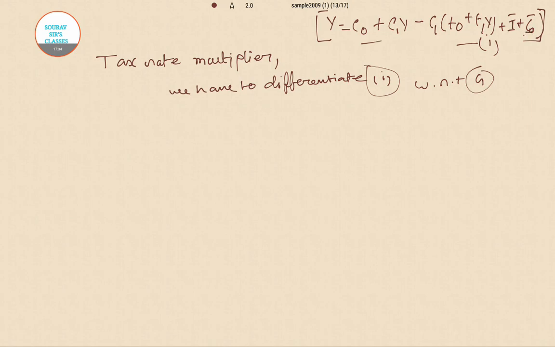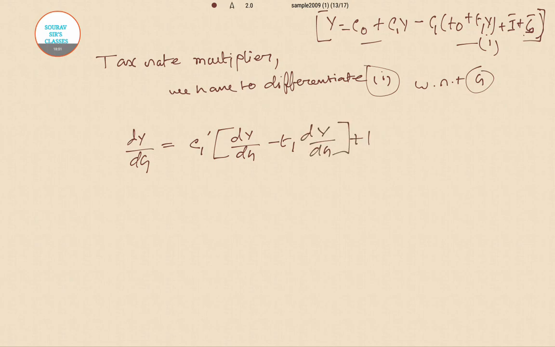If you differentiate it with respect to g, we will get dy by dg equals C1 dy by dg minus T1 dy by dg plus 1.